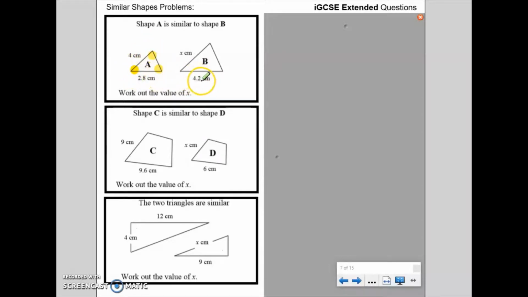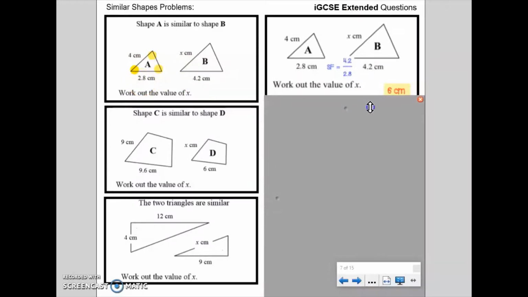If I take 4.2 and divide it by 2.8, that's going to tell me I'm dealing with a scale factor of 1.5. So then I use my 4 centimeters here, multiply by 1.5 to find out the value of x is 6 centimeters. So we're dividing the corresponding sides to get our scale factor, then using that scale factor to find x in this question.